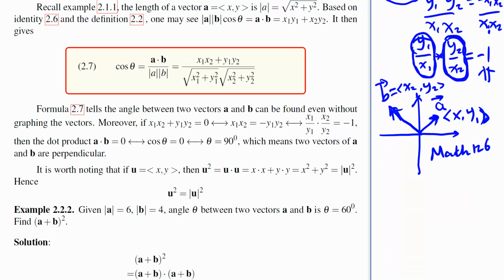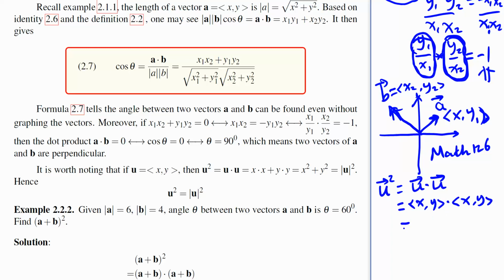Now, let's see what's the meaning for these two. U vector squared is vector U dot vector U. The left-hand side U squared is that. But we know if vector U is xy here, then it is going to be xy dot xy.